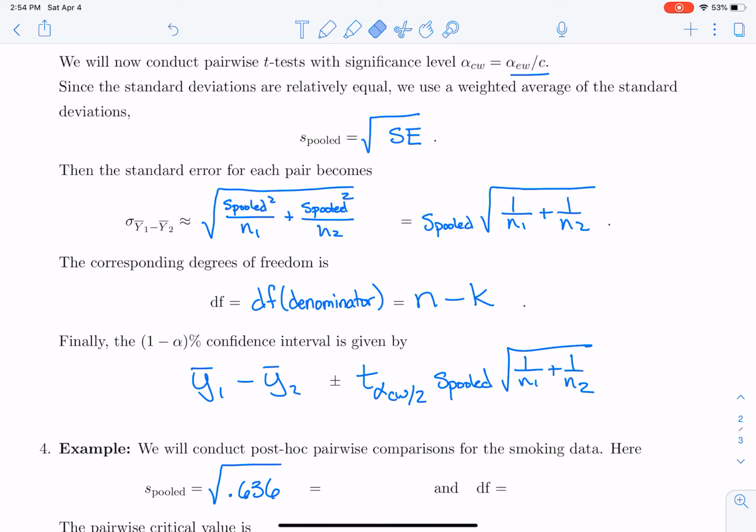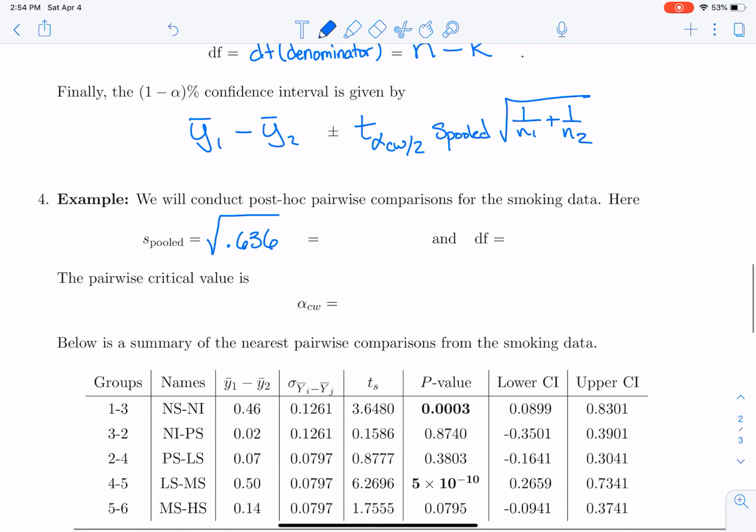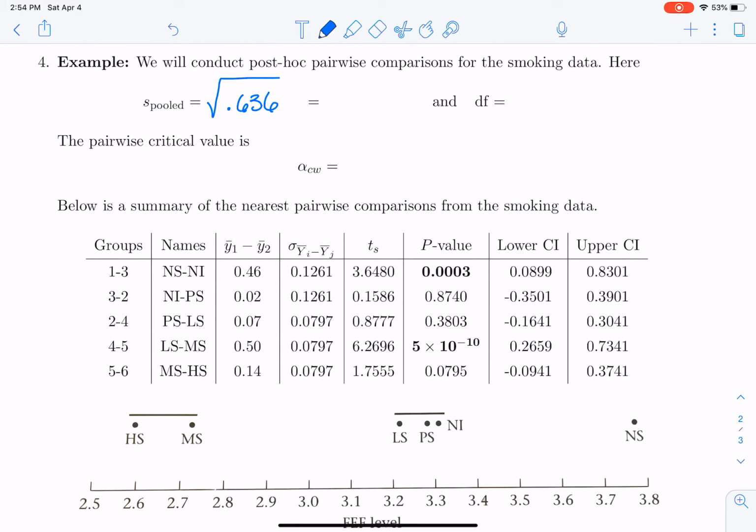This is supposed to be the mean squared error. So S pooled is going to be the square root of the mean squared error. In this case, that's the square root of 0.636, which is 0.7975, which you can see looks like it would be the average of the various standard deviations that we had for the groups.